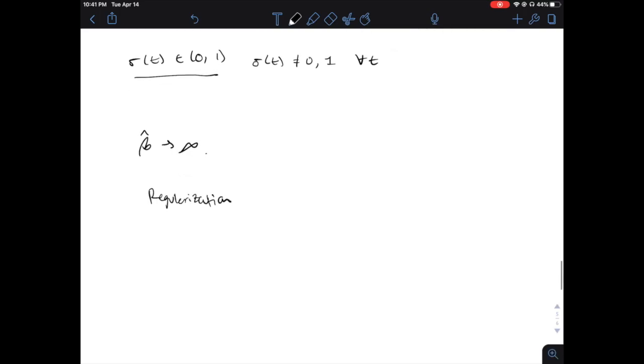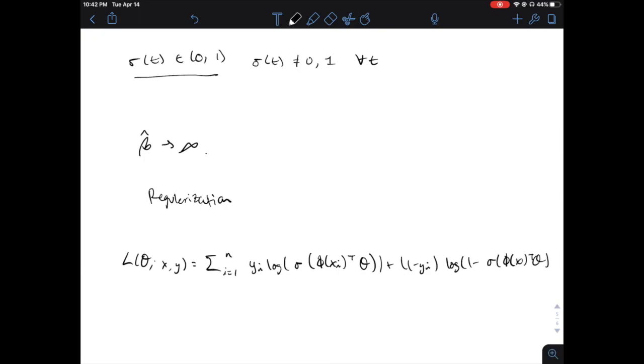our loss function. So we end up with cross-entropy loss, L of theta, given x and y, is equal to the sum from i equals 1 to n of y_i times log of sigma of phi(x_i) transpose theta, plus (1 minus y_i) times the log of 1 minus sigma of phi(x_i) transpose theta, plus the sum from i equals 1 to d, because we have an n by d feature matrix, of lambda times the weight theta_i squared.